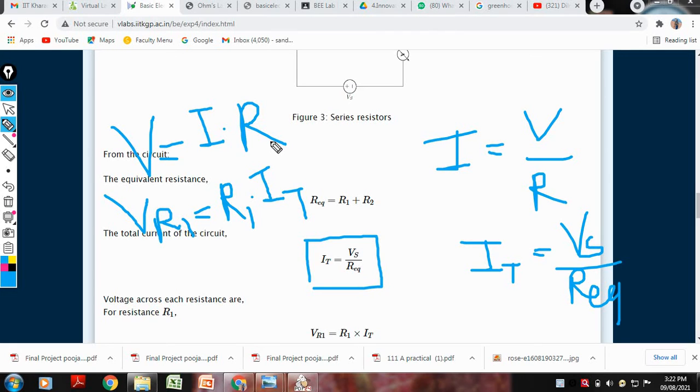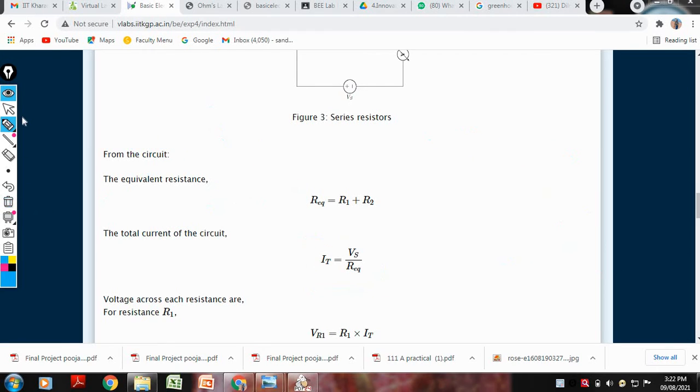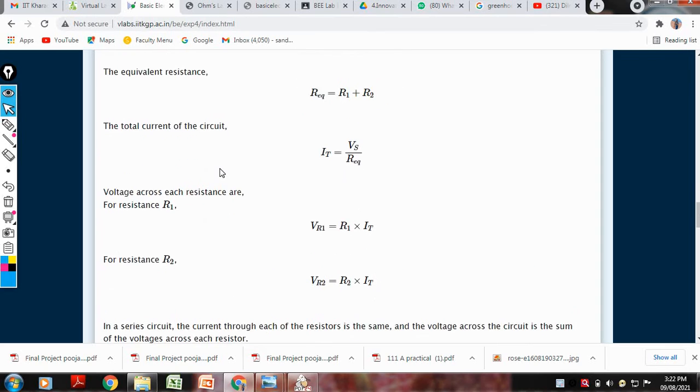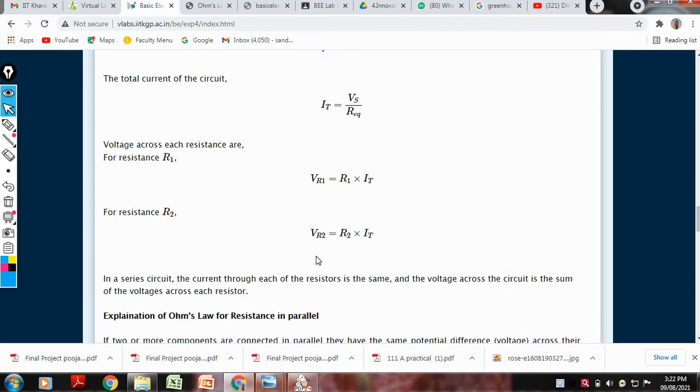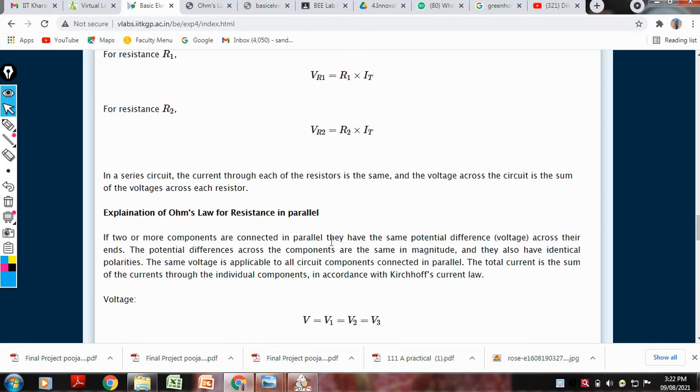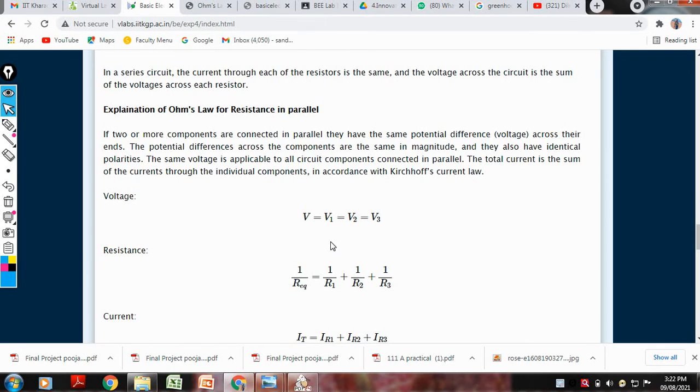This is the important concept of voltage across each resistance. Then for resistance R2, VR2 is equal to R2 into IT. These are the important parameters.